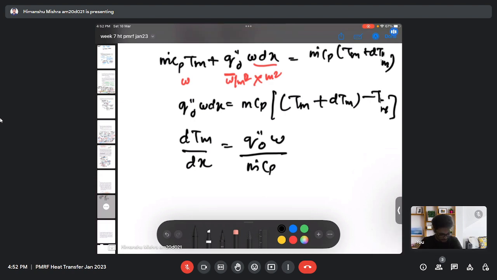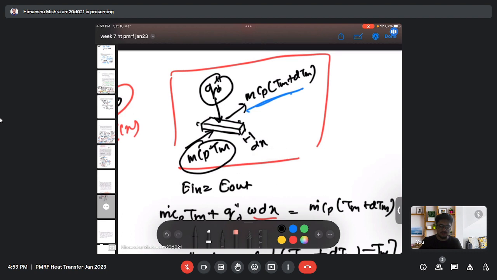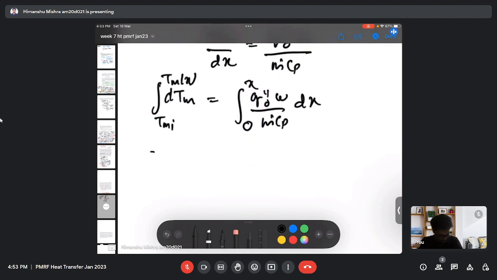Now I need to integrate this relation from, let's say, some Tm at location x to the entry mean temperature, because I am taking the small element area dx, so I will be finding the mean temperature at some random location x. And here I am integrating from x to 0.